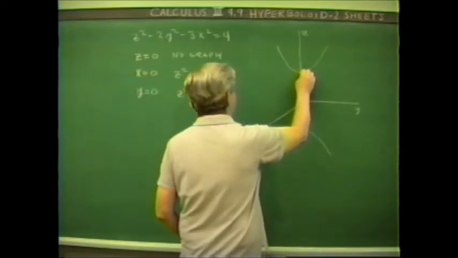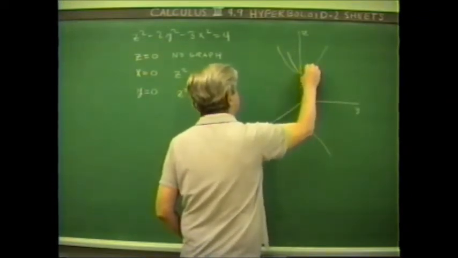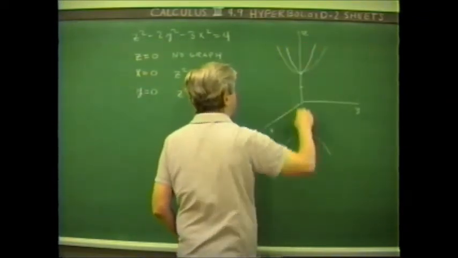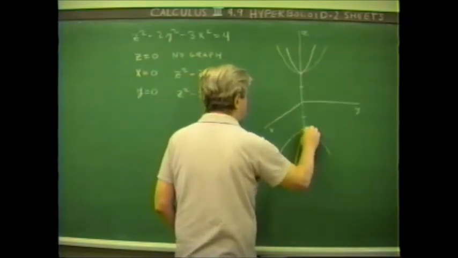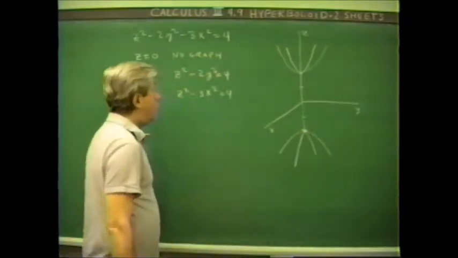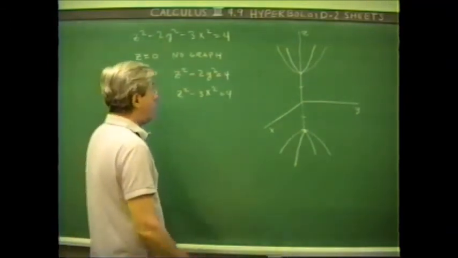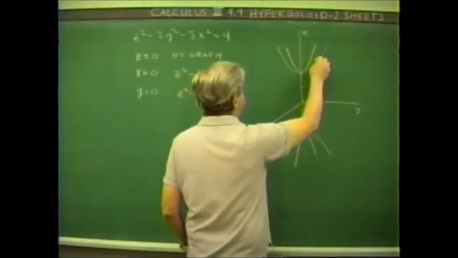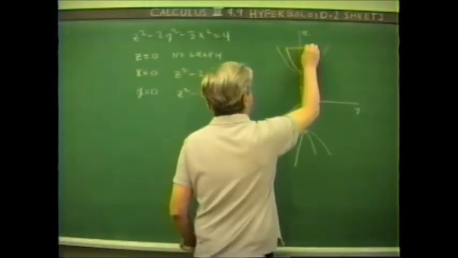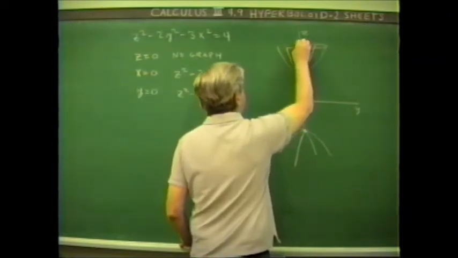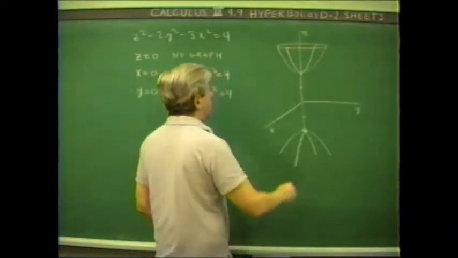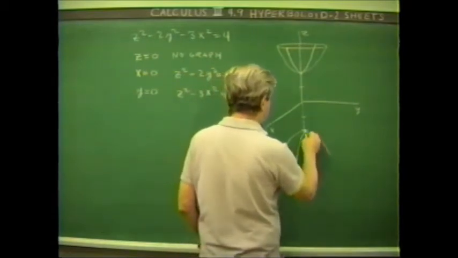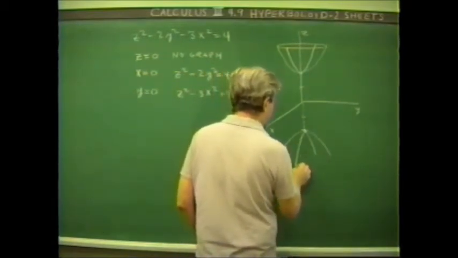And so what we've got here is a hyperbola opening upward in this direction in the xz plane. So the resulting graph of this is going to look like so. And down here, it's going to look like this.